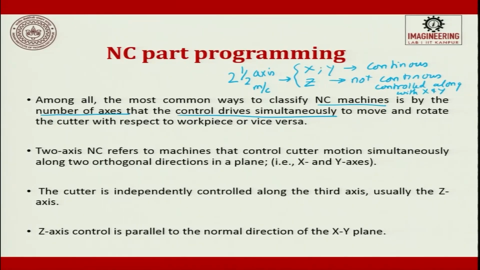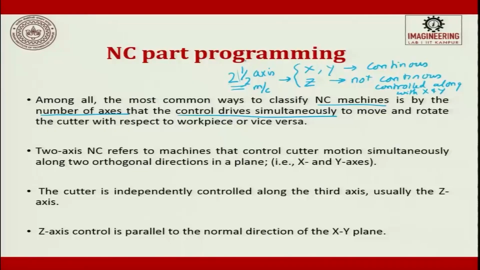So, these machines are called 2.5 axis. You have 1.5 axis, 2.5 axis, 3.5 axis, 4.5 axis machines. 1.5 axis machines are nothing but point to point. So, we leave that. We start with 2.5, 3.5 and 4.5 axis machines.